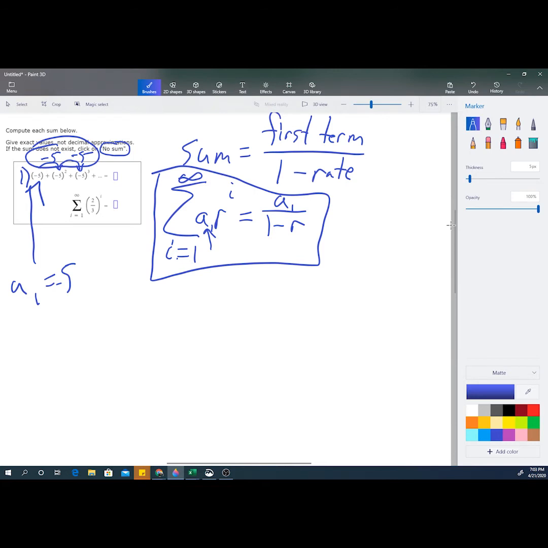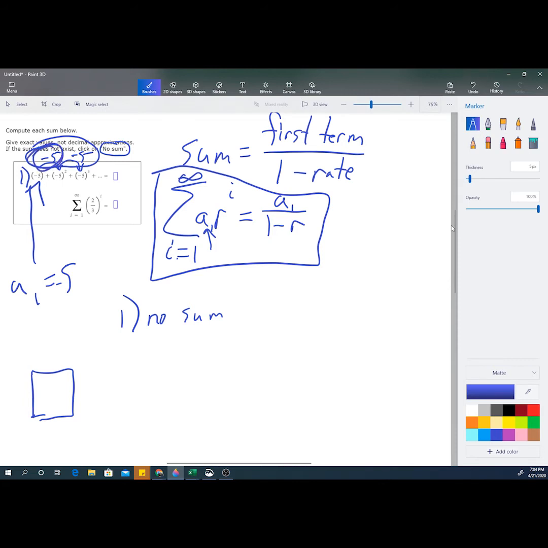We only are going to count it as having a sum if the answer we get out is not infinity. If we can keep adding our numbers forever and ever and always, and they fit inside a box of a certain size. So that first one, I would say no sum, because my sum does equal infinity because of this rate.